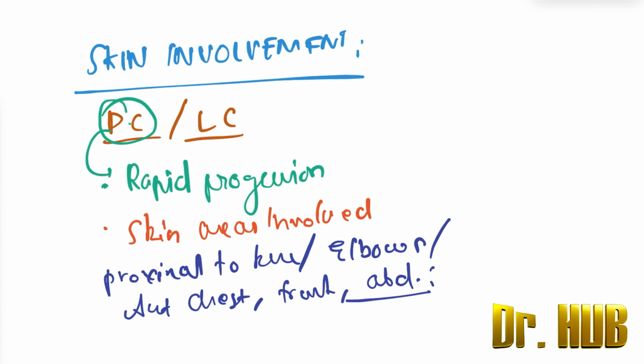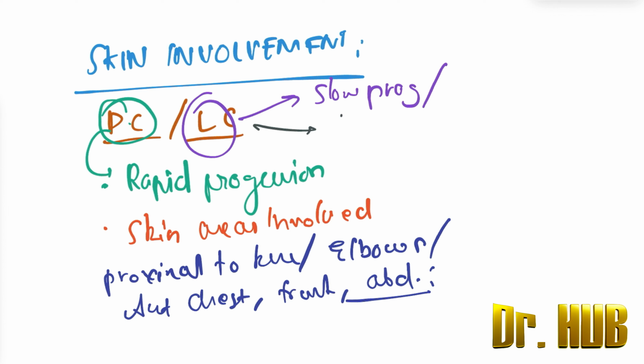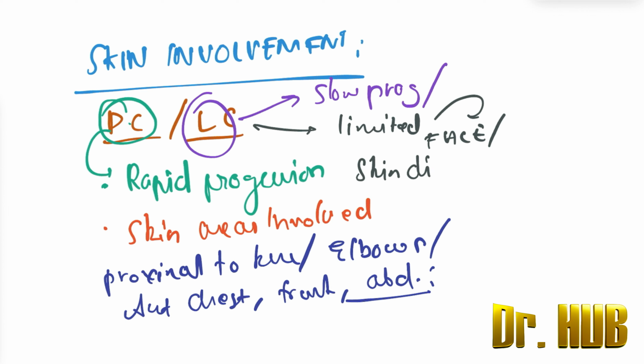Then when we look at LC, limited cutaneous systemic sclerosis, this is a slow progression and it is totally limited. So what is it limited to? It is limited to the face as well as the skin distal to the elbows and the knees.